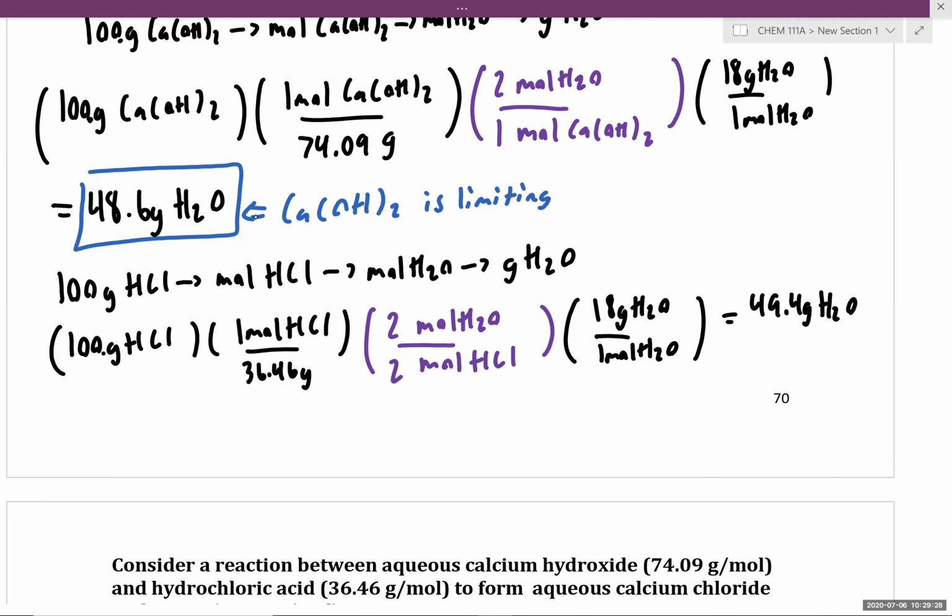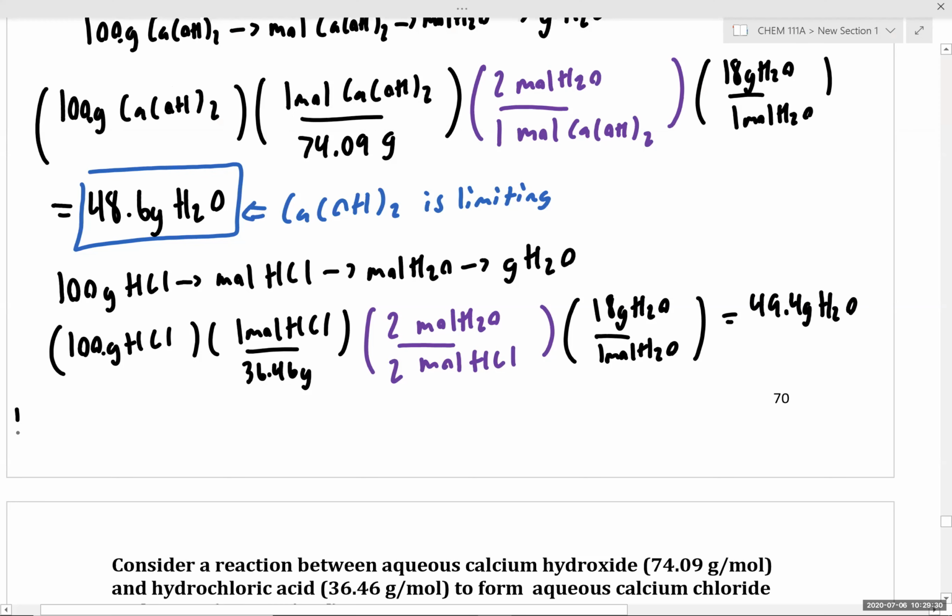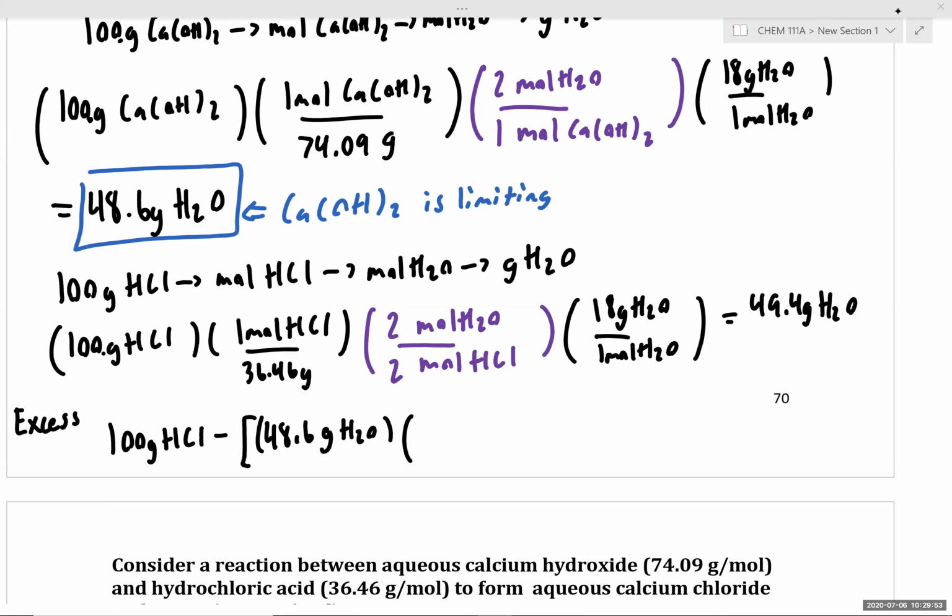Now, if we want to calculate our excess reactant, what we're going to do is take our 100 grams of hydrochloric acid and subtract the mass of hydrochloric acid consumed, converting our mass of water into the mass of hydrochloric acid consumed.